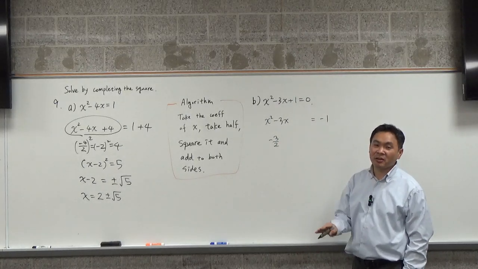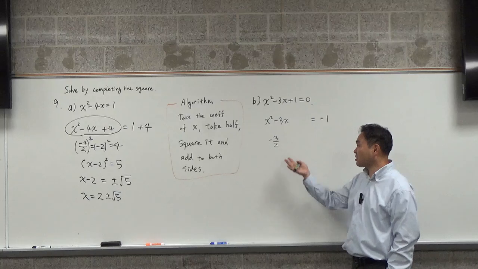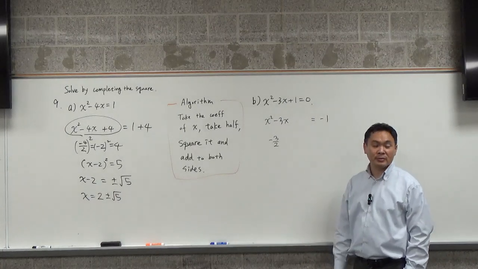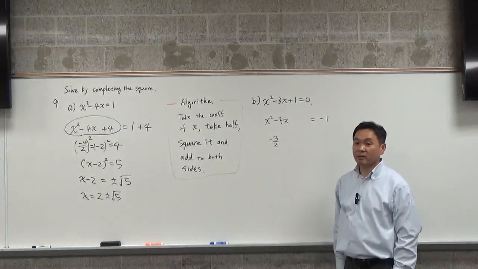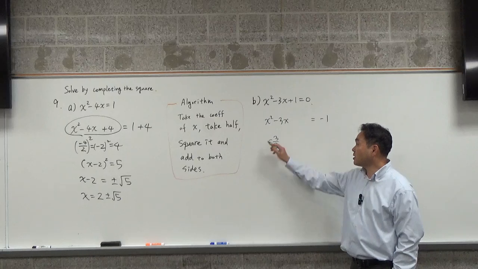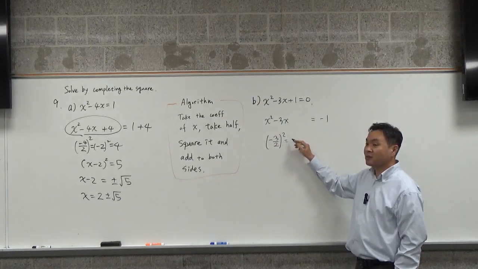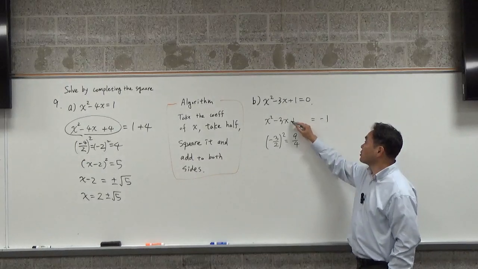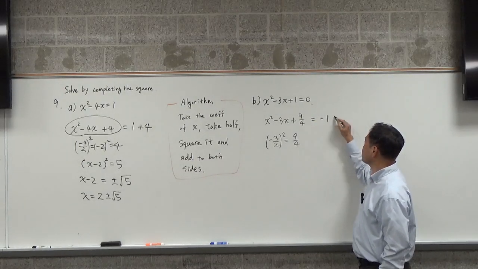Yeah, taking half means either multiply by 1/2, same thing as dividing by 2. Once you divide by 2, what does it say? Yeah, square, right? And then what do you get? 9/4. So 9/4 is what you add to both sides.